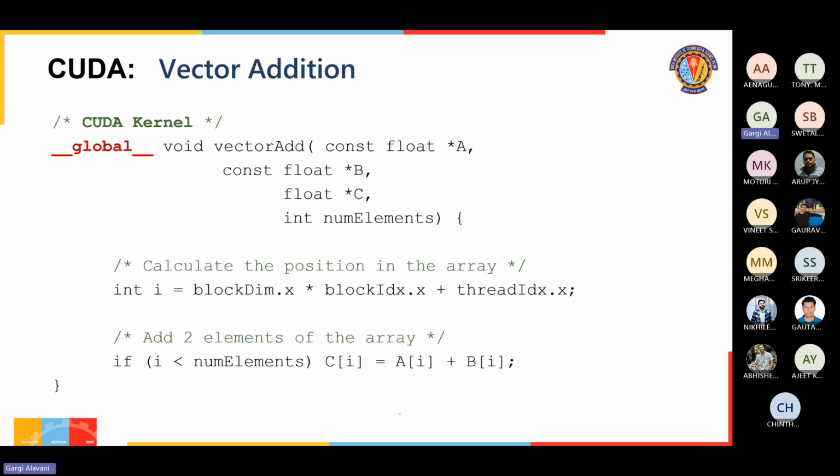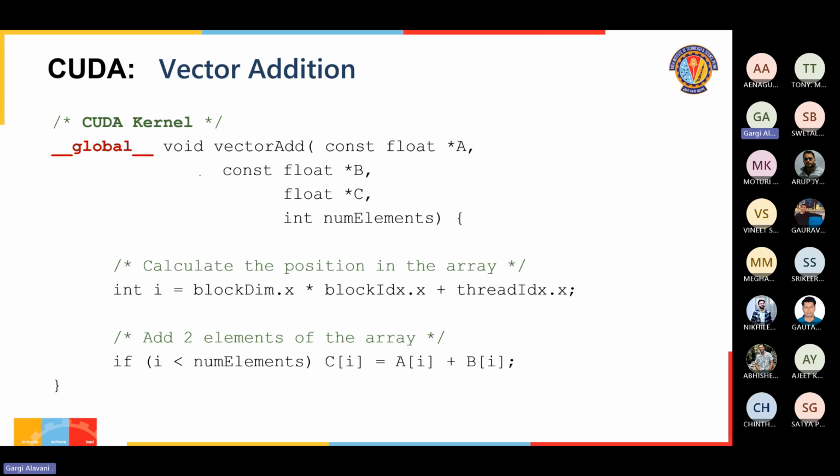This is the CUDA kernel where you calculate the index of each thread. How each thread will know which index it should execute on: the first step is to compute the index of that thread, so that only that thread will work on that index.